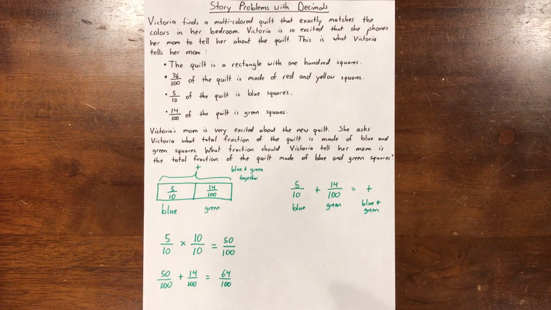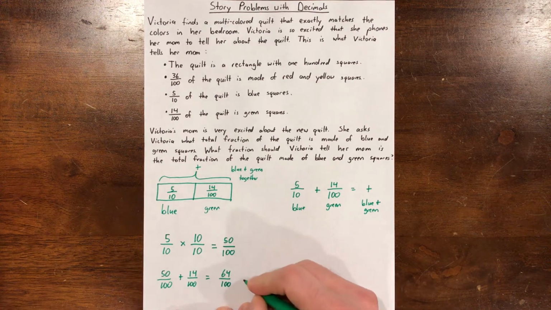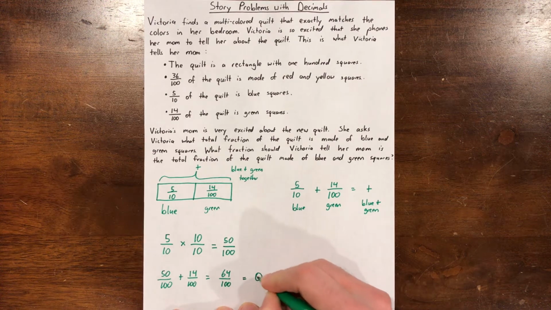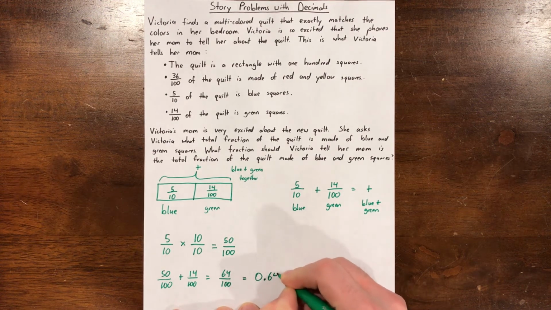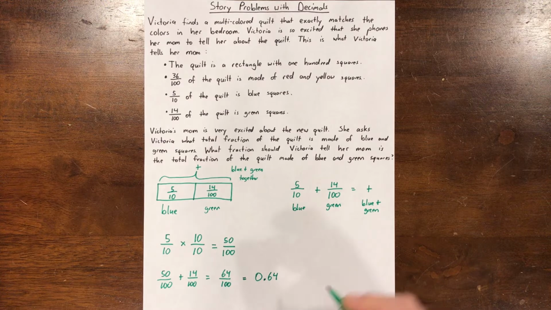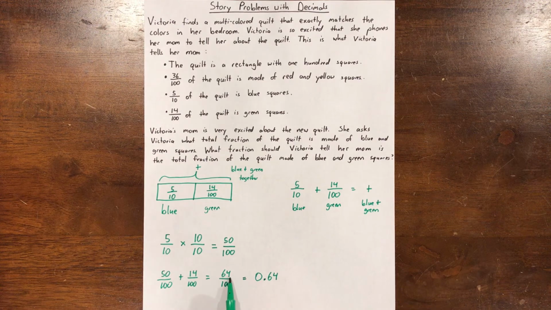Right, that's equal to 0.64, right? Our denominator tells us that we're going to have hundredths for the place value, and the numerator tells us how many we have, which in this case is 64.